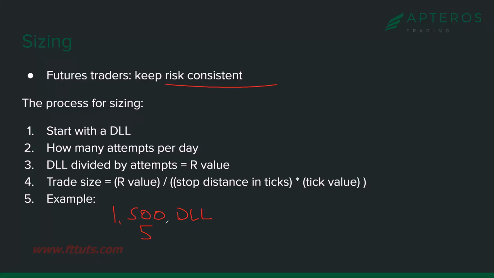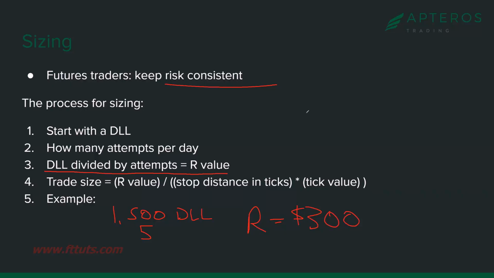So that means we need to risk what? Daily loss limit divided by the attempts. Our R value is going to equal $300. $300 times 5 attempts is the $1,500 max loss for the day. We want to risk $300 to find out if a trade's going to work or not.